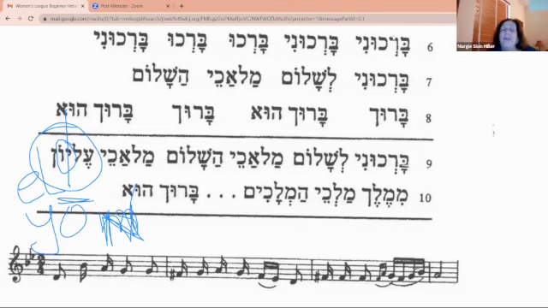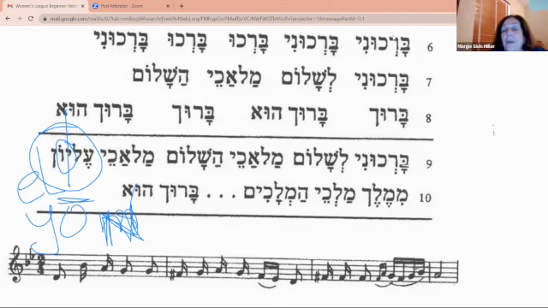The Y has the vowel next to it, the O vowel, and the final N. So it's El Yon. And it ends in an N. I bet most of us sing that and put an M at the end when singing it by rote, but it's an N. Barchuni l'shalom malachei elyon. I bet most people put an M, but it's an N.